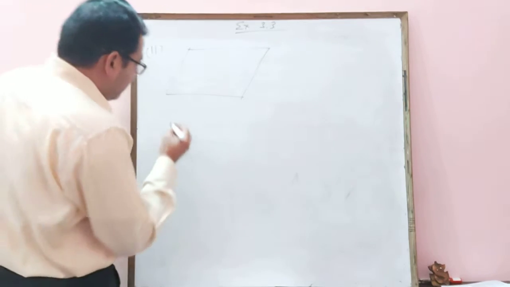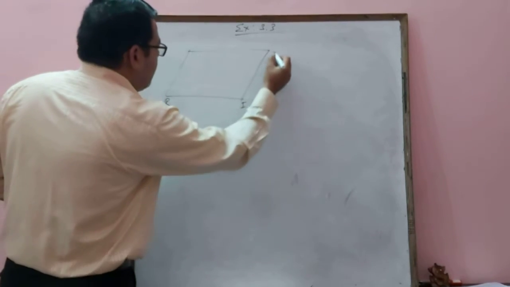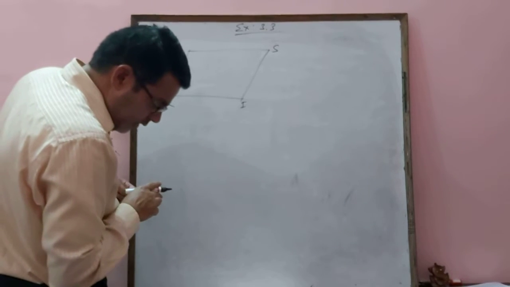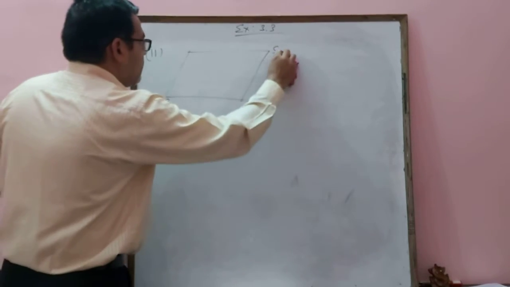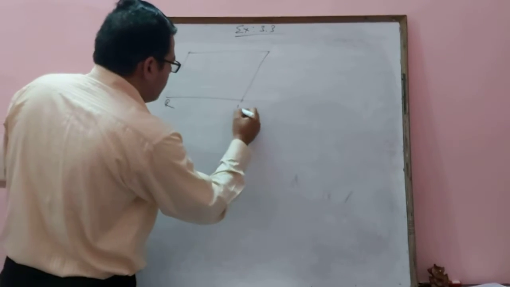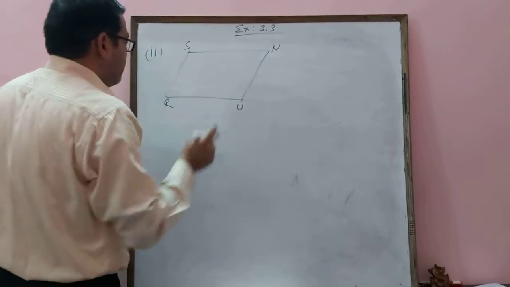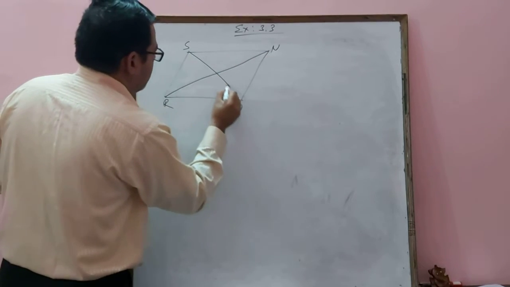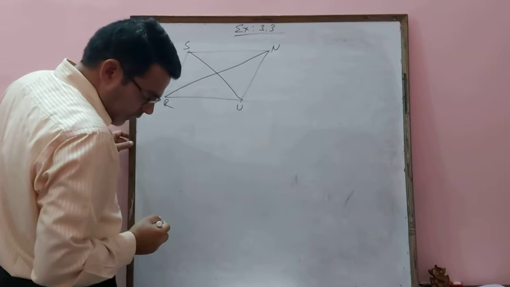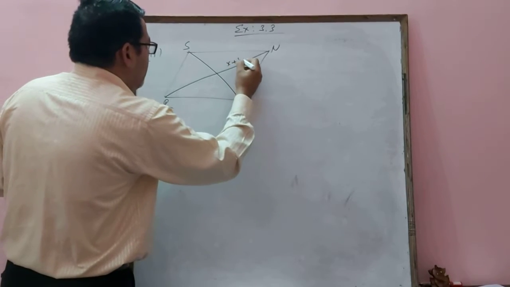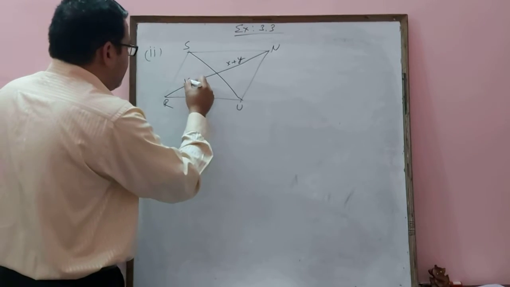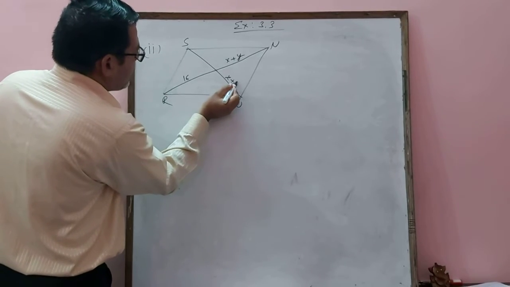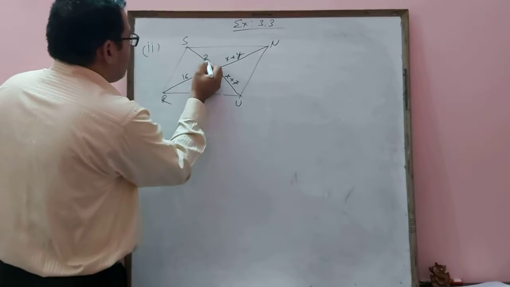This is R, U, N, S, so it runs R, U, N, S, right? And diagonals are also there. This is x plus y. This is 16. Here is x plus 7, y plus 7. This is y plus 7. And this is 20. Right?